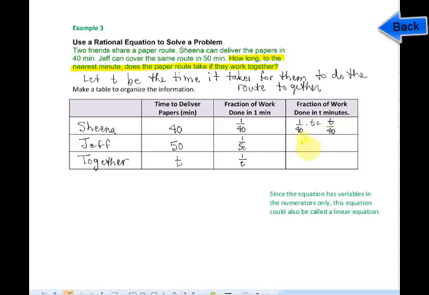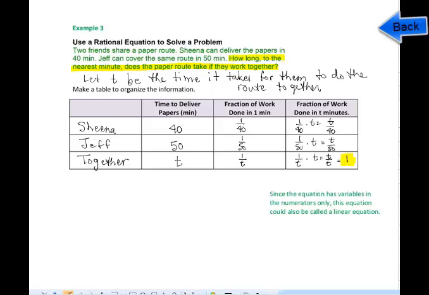And for Jeff, 1 over 50 times t is t over 50. And for the time together, 1 over t times t is t over t, which just gives you 1. Just recall from class, this value will always be 1.